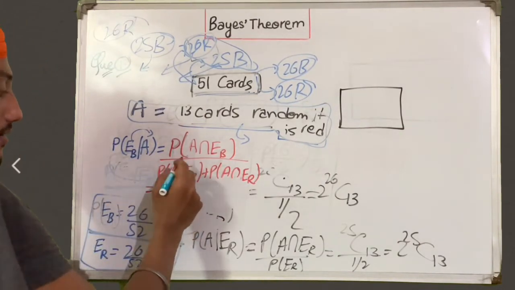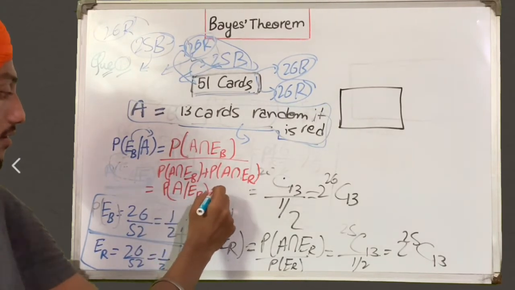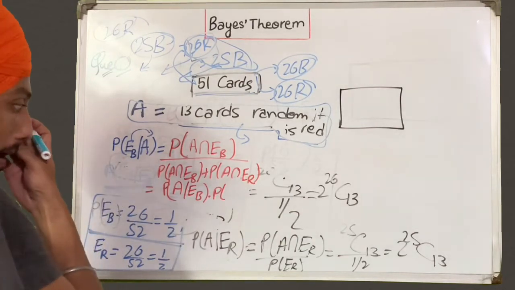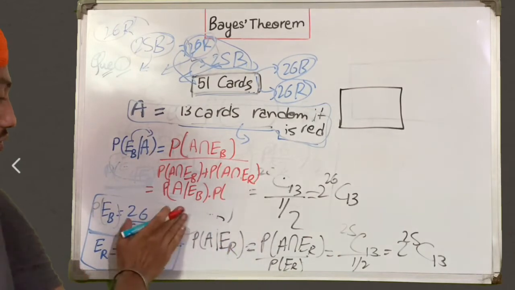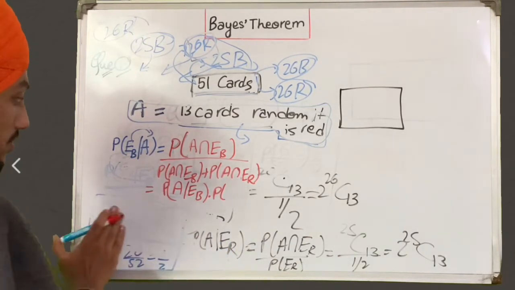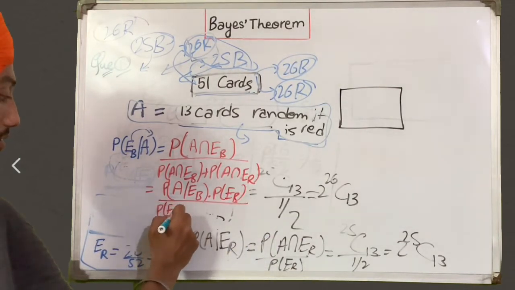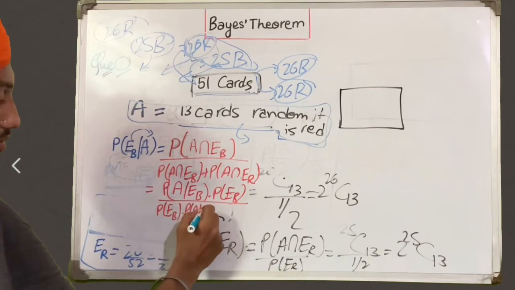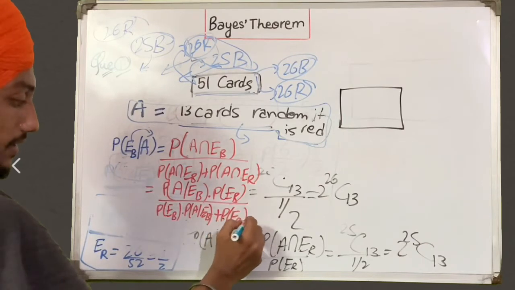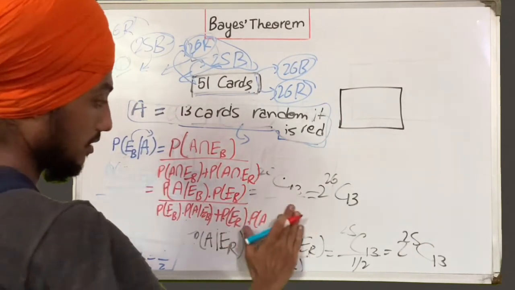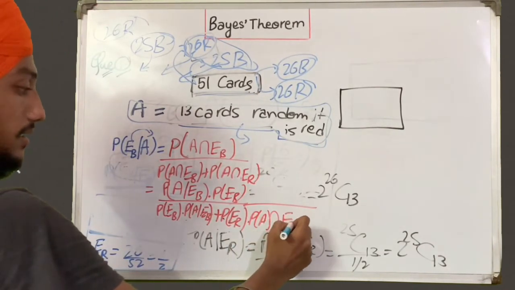Probability of finding EB, plus probability of finding E red into probability of A and E red.